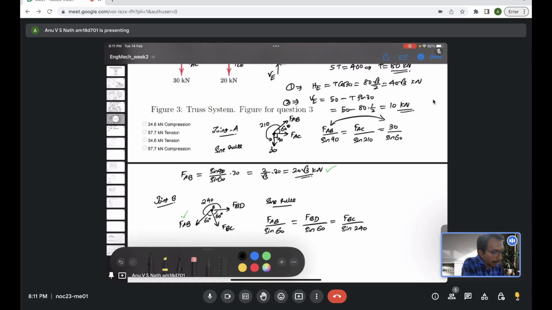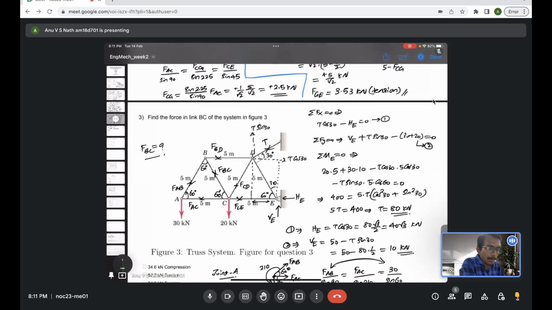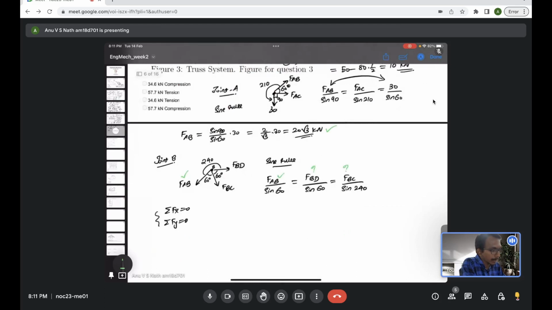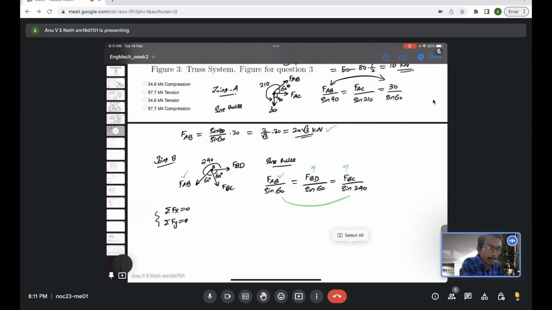We know what FAB is, we can evaluate FBD and FBC, but the question asks for FBC only. So I will just use the first and last equations to evaluate FBC. FBD is not required, that's why I am just keeping it. So FBC is equal to sine of 240 by sine of 60 times FAB.